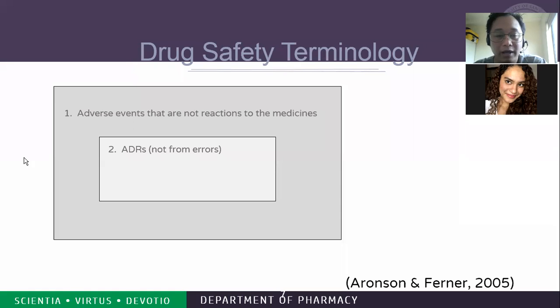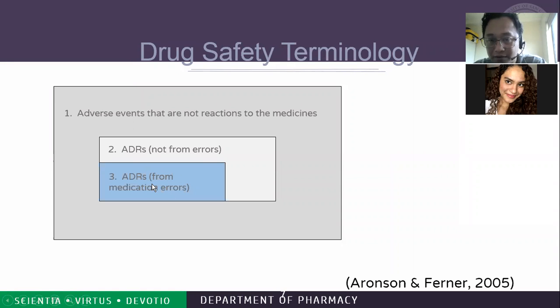But there are also ADRs from medication errors. That can be from the procedural errors, the human errors, the product errors, also the utility errors and so on.